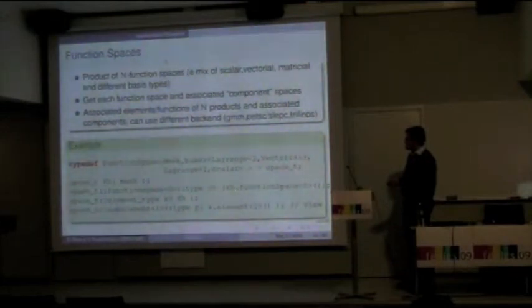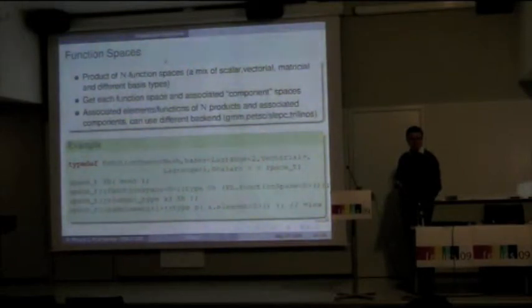You can extract the subspace like this, and define an element of XX like this. The element of a space is a subclass of the space. The nice feature here is that with this type of programming, it is very difficult for the programmer to make mistakes, because this is strongly typed, right?